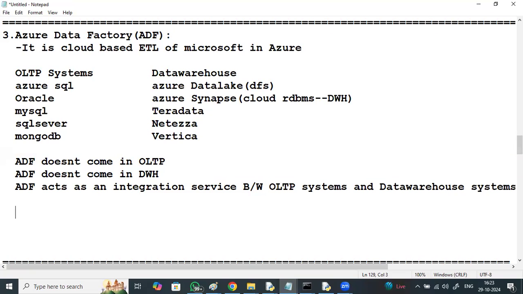If we talk about all transactions, they are captured at OLTP systems.